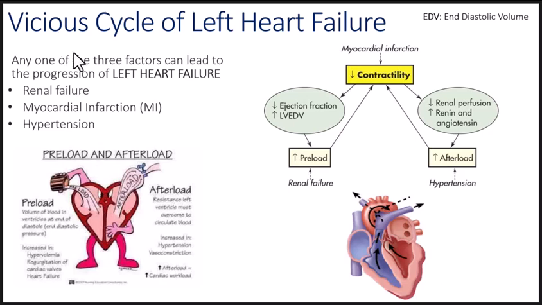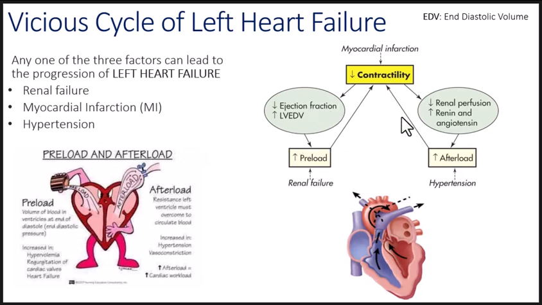There are three factors that can lead to the progression of left heart failure, really contributing to what we call this vicious cycle of left heart failure. That is renal failure, a heart attack, myocardial infarction, and hypertension. So please be aware of these factors.